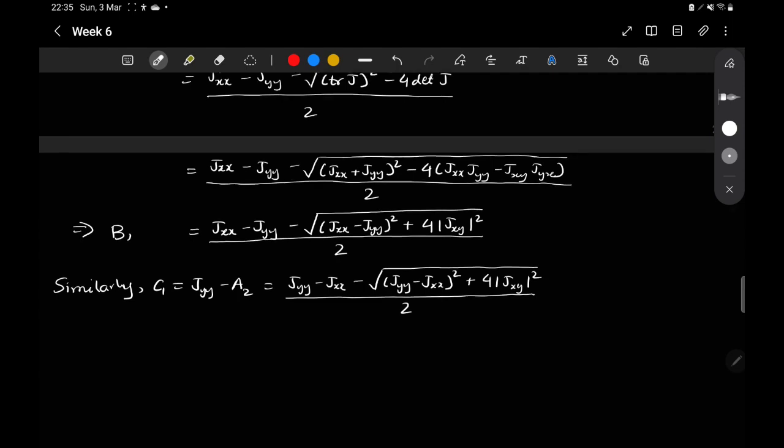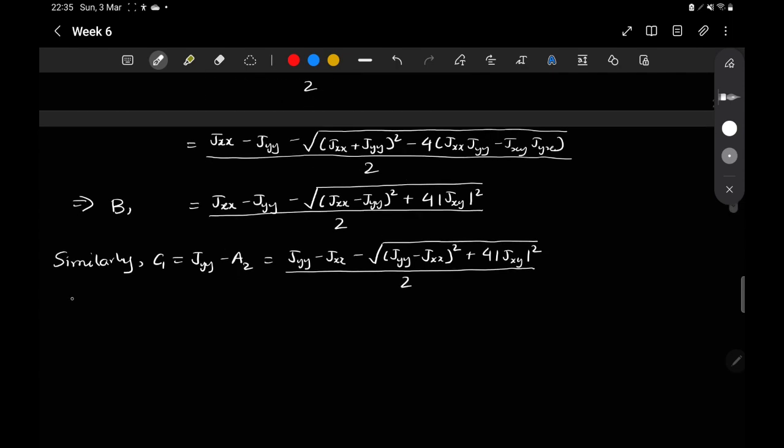Same with c1 also. So from this we get both b1 and c1 are less than 0, which violates the initial condition.